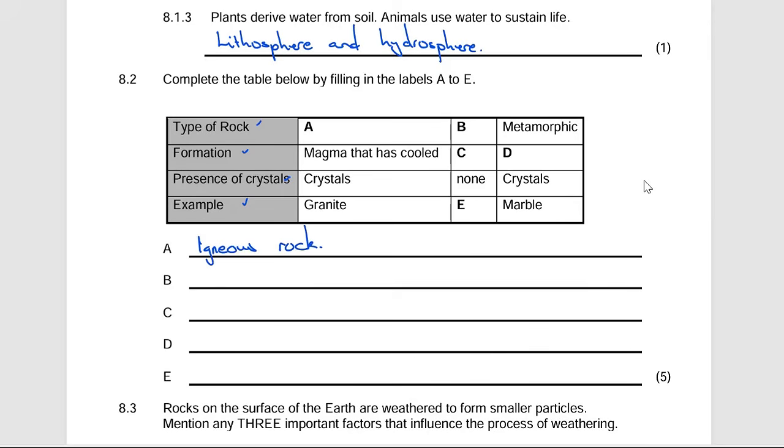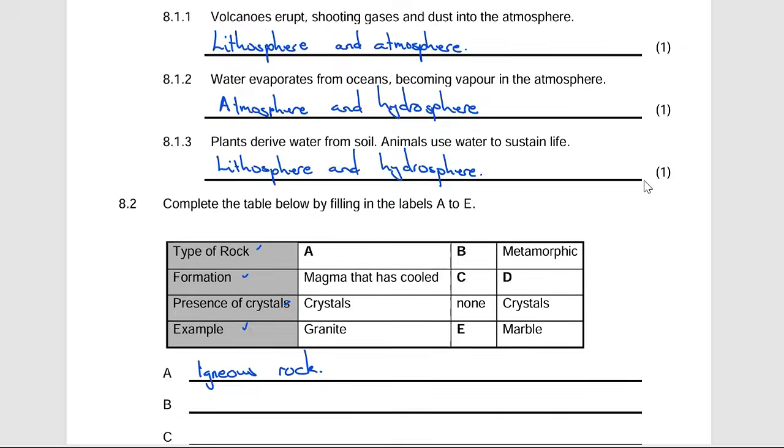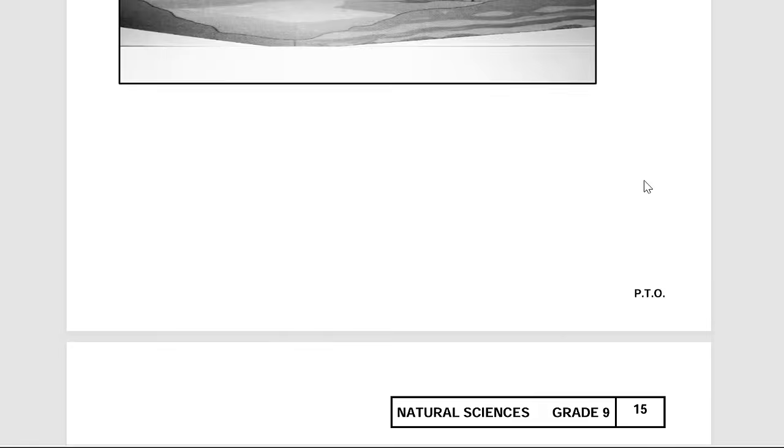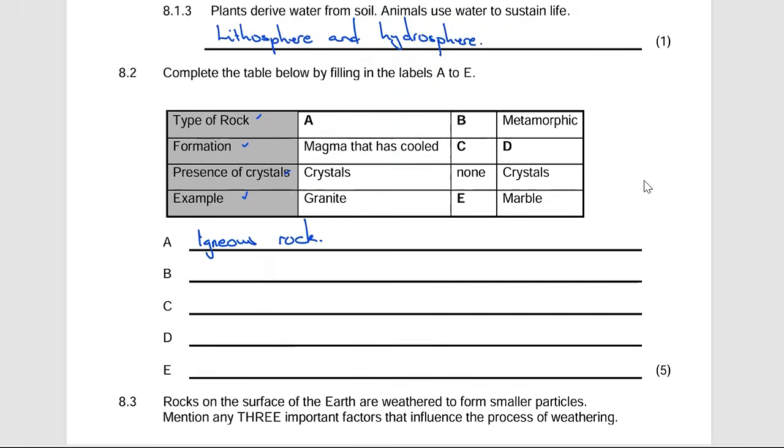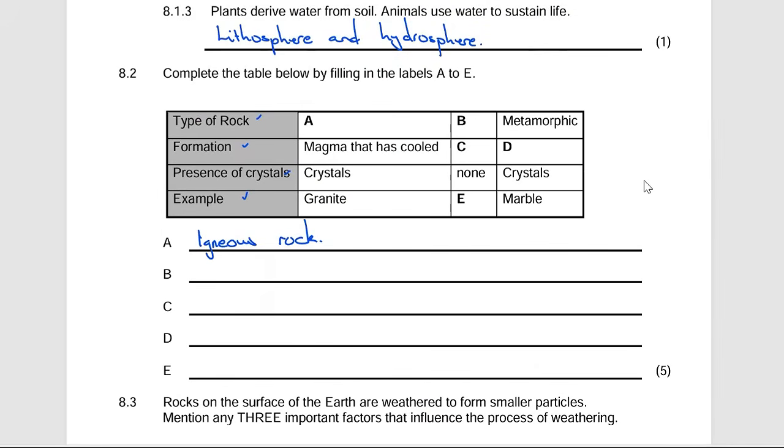Under B, we're going to have what we refer to as sedimentary rock, right? So igneous rock for A, then B is going to be sedimentary rock. Then our C is going to be having a weathering, right?